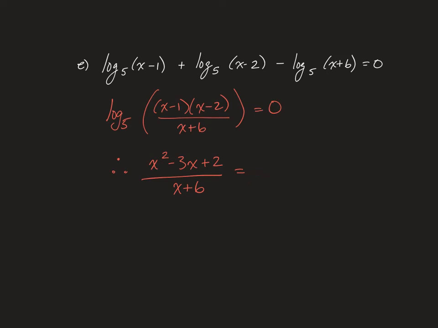I need to get rid of that equals 0 because my mistake was in changing that into exponential form. Notice I have 5 to the exponent 0 is equal to my result. And therefore 5 to the exponent 0 is going to equal 1. I come in on that line, and now I have a pretty straightforward equation.